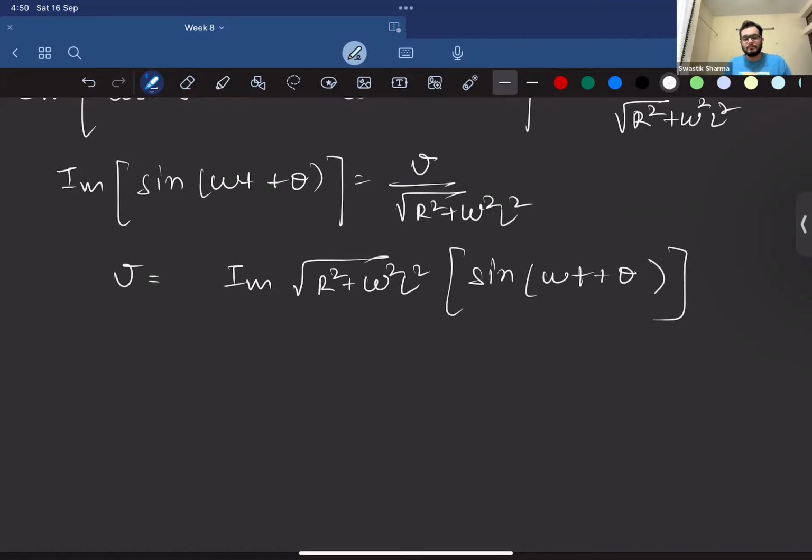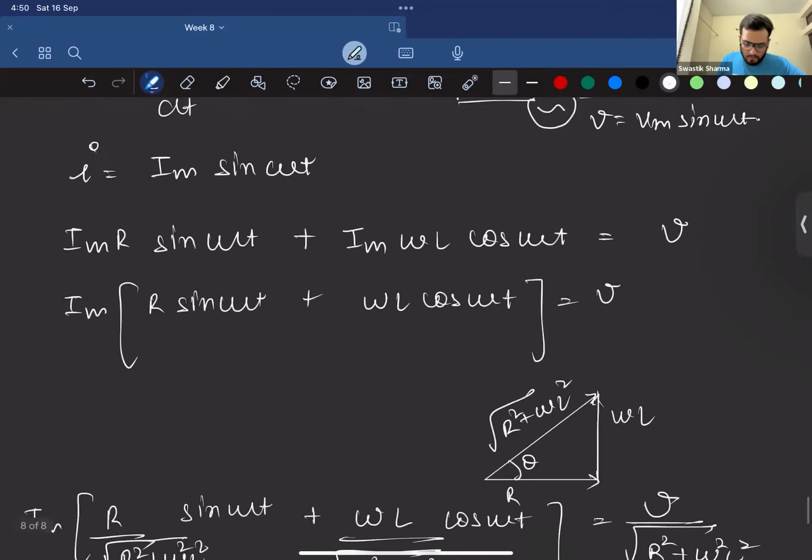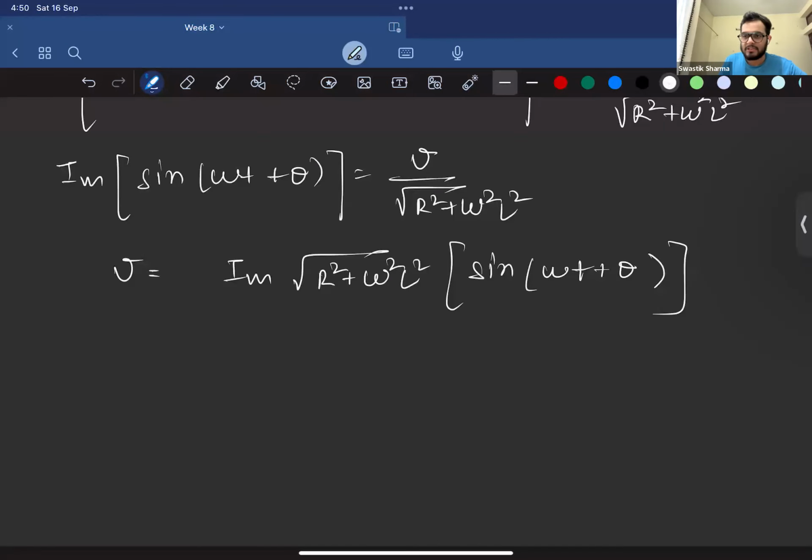So now we got the value of voltage in terms of current, right? We started by assuming current as a sinusoidal value, Im sin omega t, and we found the voltage across the RL combination. So now, what is Z?